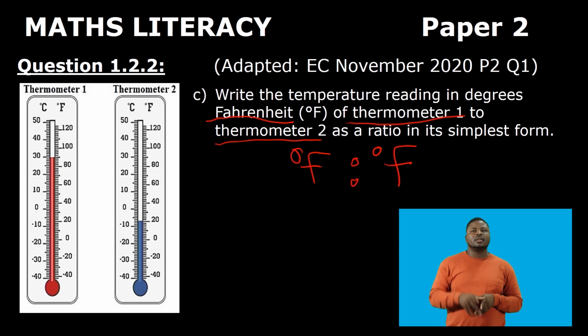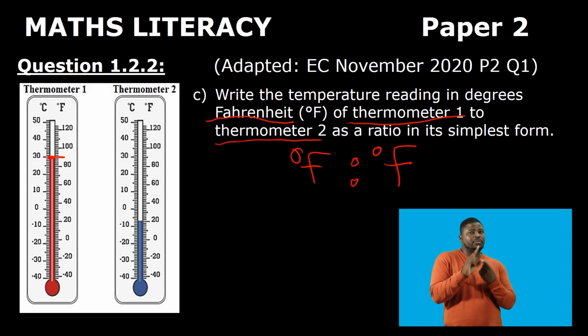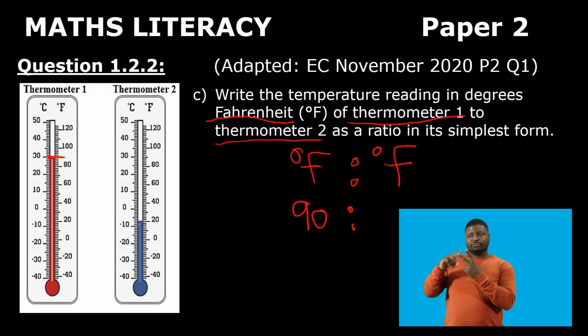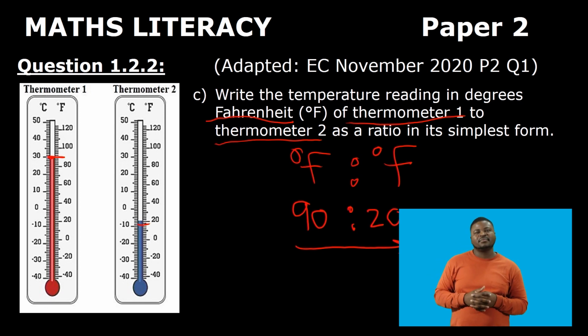In degrees Fahrenheit, thermometer number 1 will be 90 degrees, and thermometer number 2 is 20 degrees, and then you will need to simplify if it can be simplified.